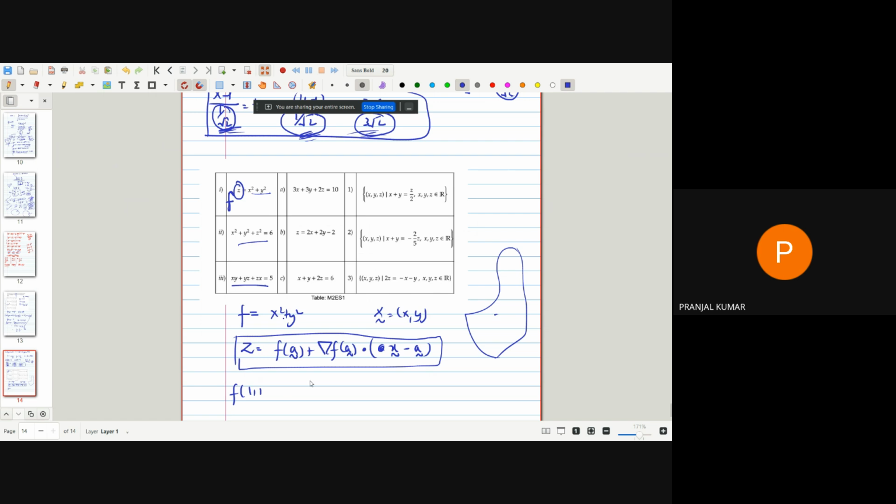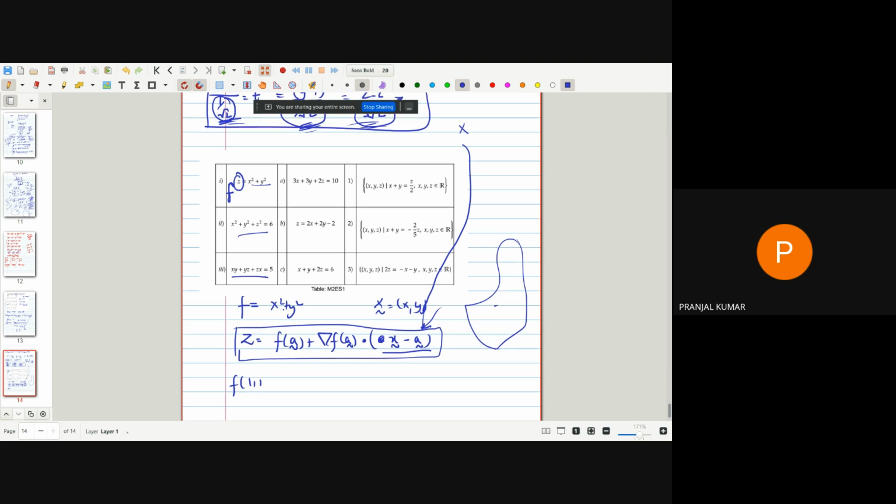Just go back to the lecture and see the tangent hyperplane equation. There was a derivation where we started from the tangent line and then arrived at this, where we removed the variable t. That's how we come to this formula. I am not going to repeat the derivation.